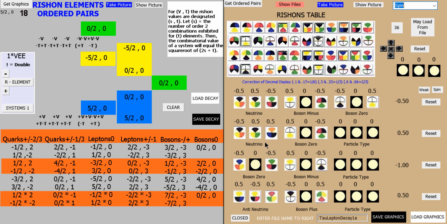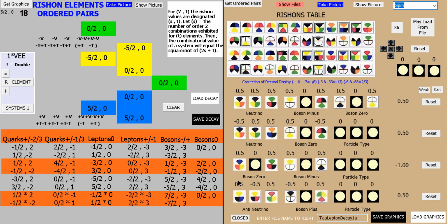And so the tau neutrino now, in combination with the boson 0, which also contributes a spin of 0 because it has plus 1/2 and minus 1/2 on respective components, will now be plus 1/2.